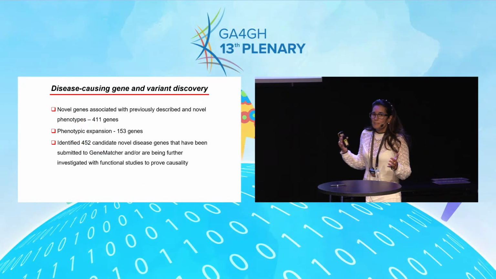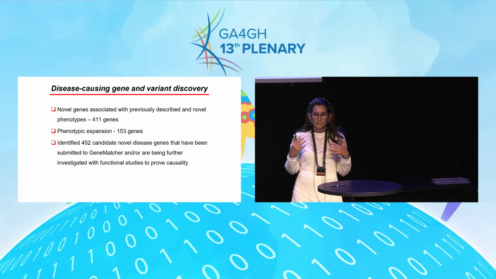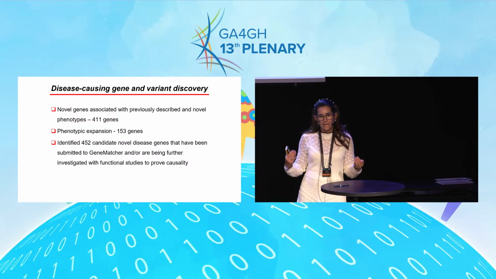We identified many novel disease genes that had previously been associated with some kind of disease, but now were associated with a novel phenotype. And we also identified many phenotypic expansions. That means we found a disease that we could now say was a little broader in its phenotypic presentation by knowing that the gene that was already known was mutated in that patient. But we also identified many novel disease genes as candidates.